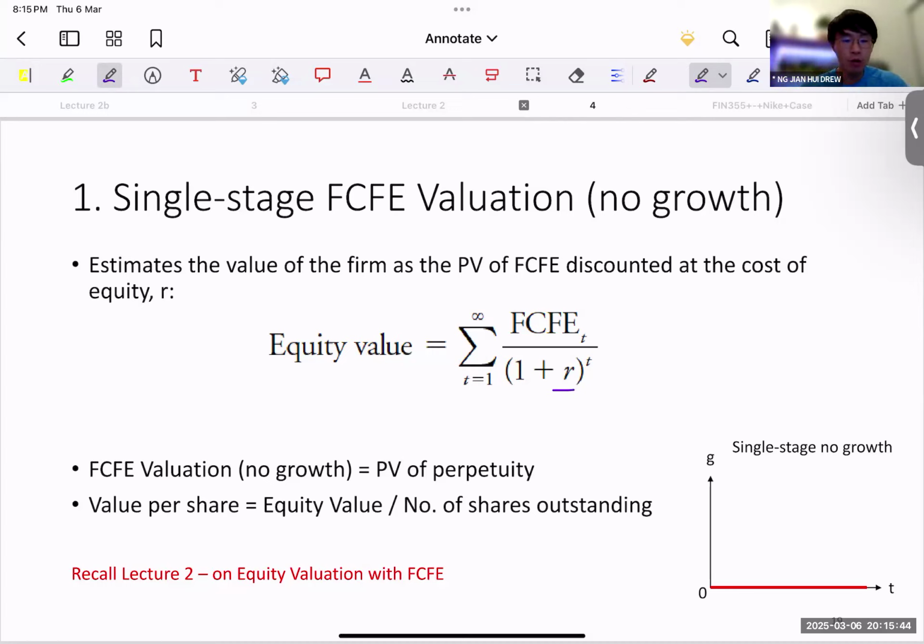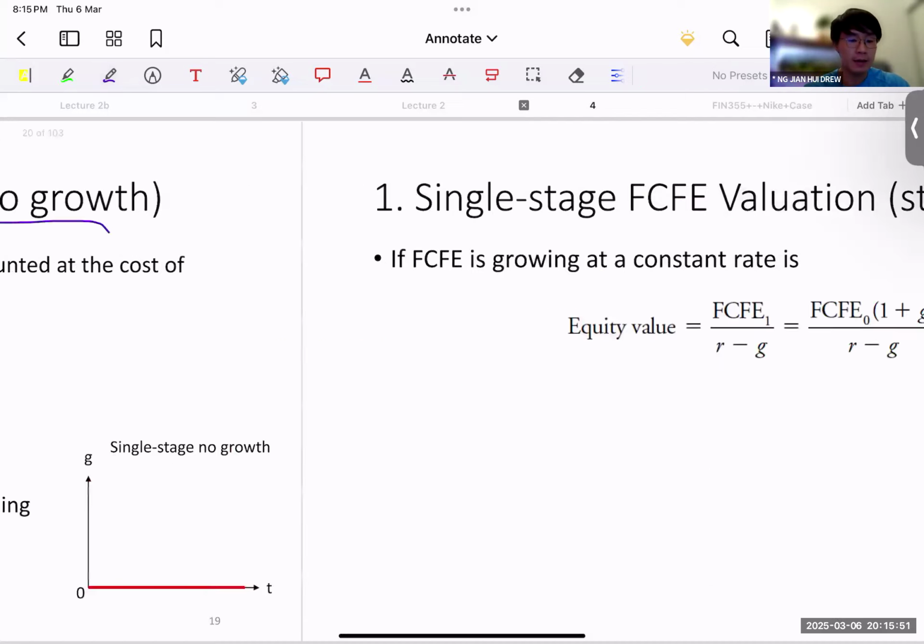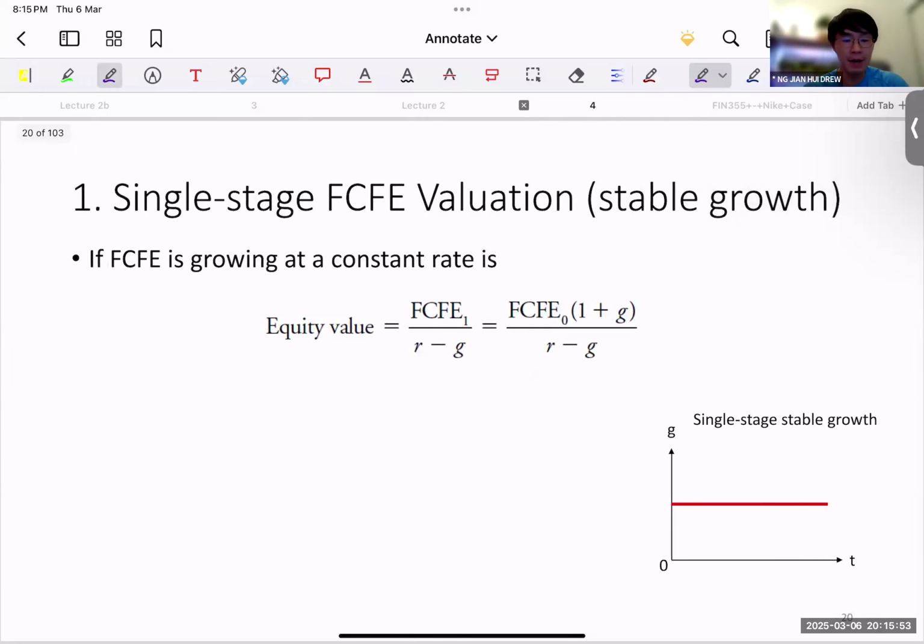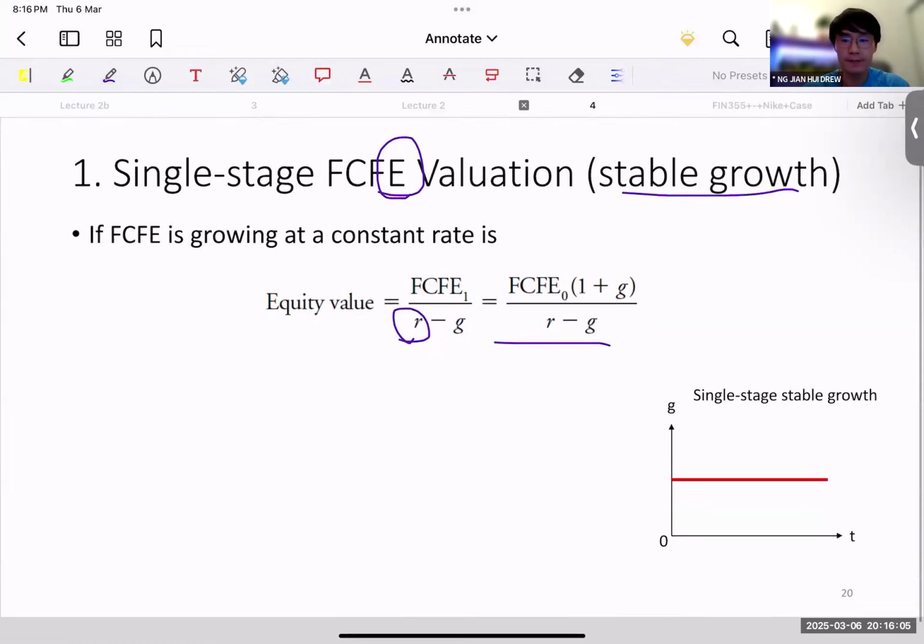So, for no growth, same thing, it will be a perpetuity. If it's a stable growth, we're going to use a growing perpetuity here, right? Again, because we are only concerned with the equity holder, we are using the cost of equity.